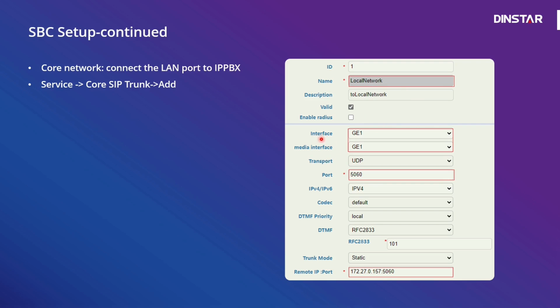You can see that we use a different interface. This is a LAN port, GE1, and they use a different default port. Here we use the remote IP, which is your internal IPBX IP, so please make sure it is correct. Your remote site or PBX port should be the same number here.